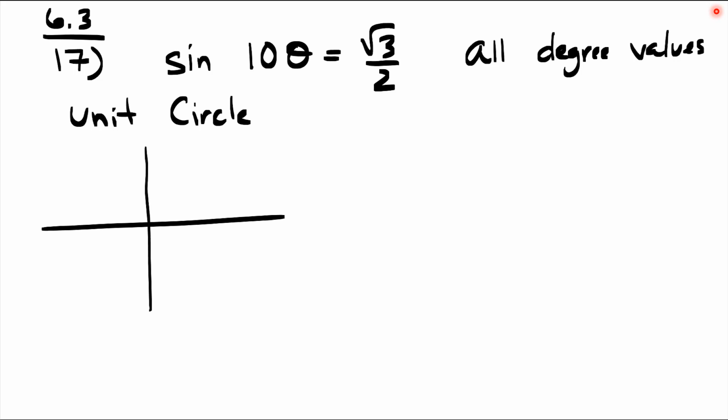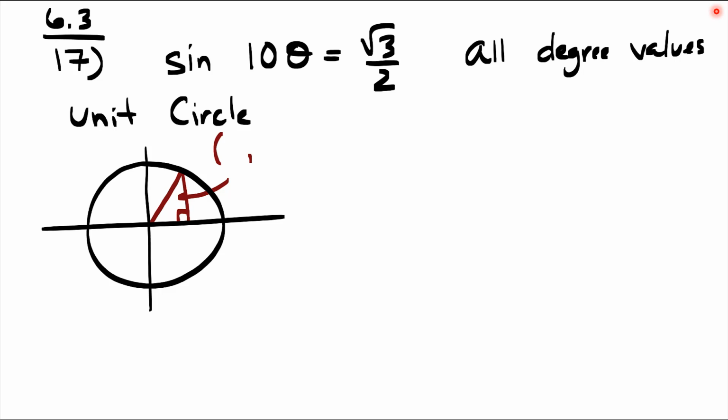Alright, what am I looking for? I'm looking for when sine is root 3 over 2. In fact, that's actually very similar to problem number 1. So sine is positive in quadrants 1 and 2. So I can put that in already here. That little guy along the unit circle, I'm looking for when the y value is root 3 over 2. Okay, the reference angle is 60 degrees. Perfecto. That's quadrant 1.